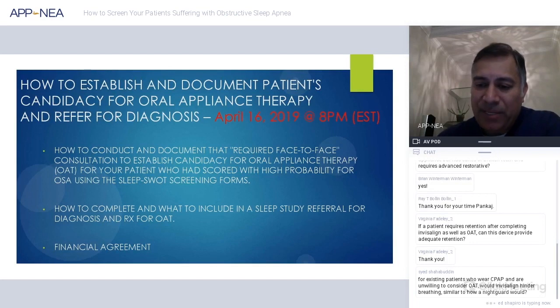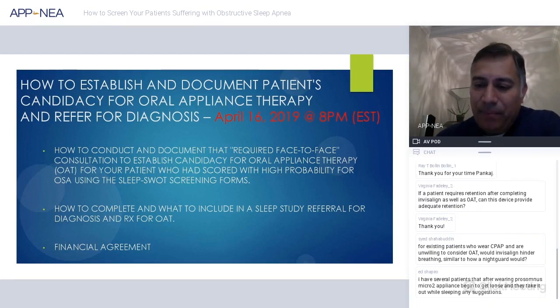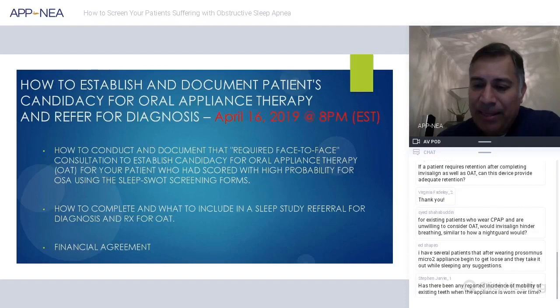Okay, the question from Saeed is, for existing patients who wear CPAP and are unwilling to consider oral appliance therapy, would Invisalign hinder breathing similar to how mouth guards would? Not really. Yes and no. Yes, but not as much as a night guard because Invisaligns are so thin, about 1.5 millimeters thick.